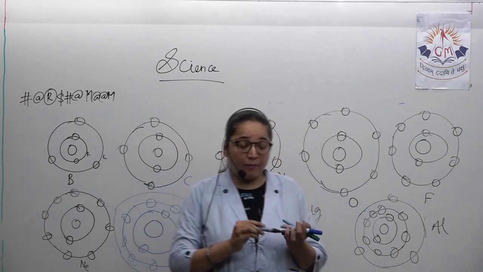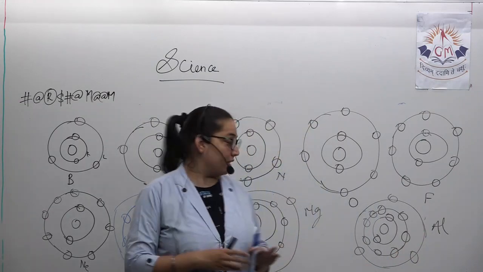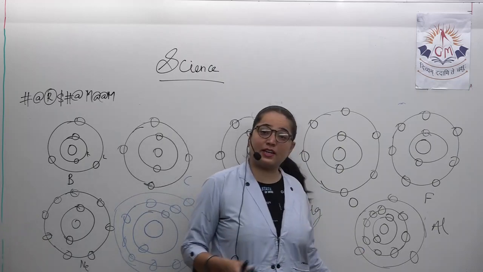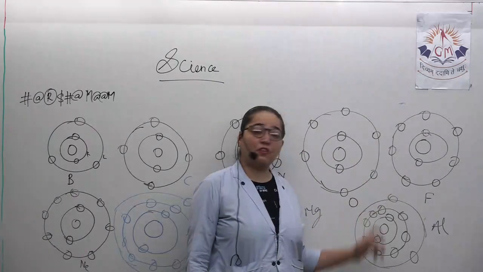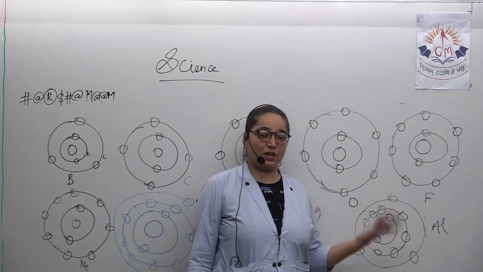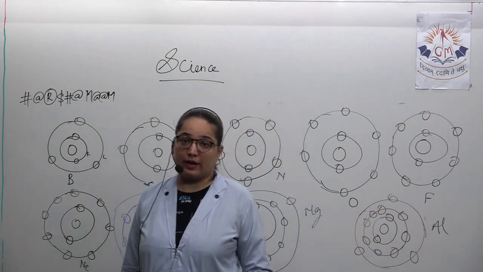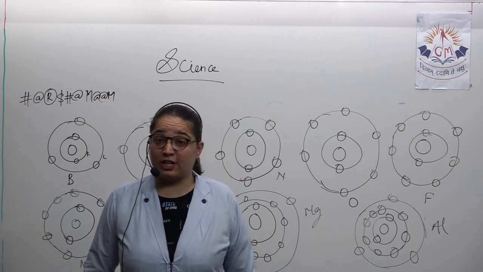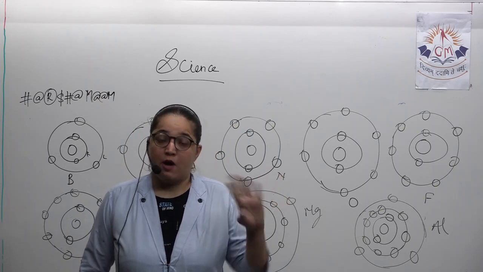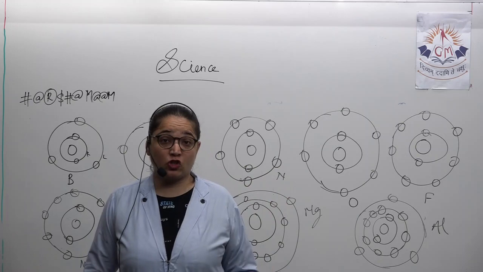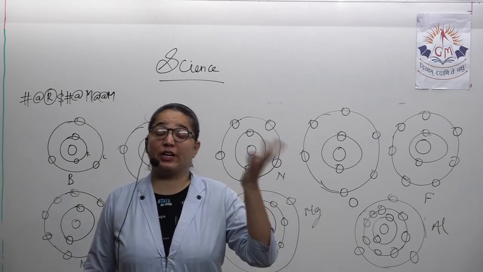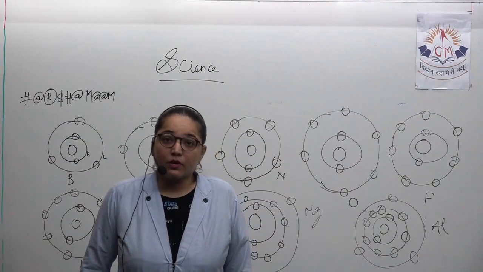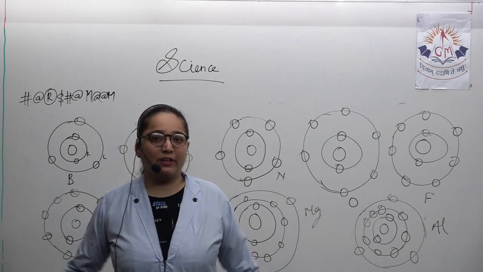Because atomic number of aluminium is 13. So what is the electronic configuration? In the first orbit 2, next 8, and then again 3. So this is how you have to remember about the electronic configuration and how to draw first the nucleus, then the first orbit, then the second orbit, and then the third orbit. Then the fourth orbit will come on.